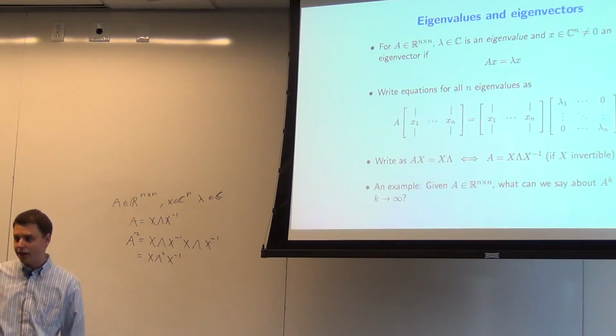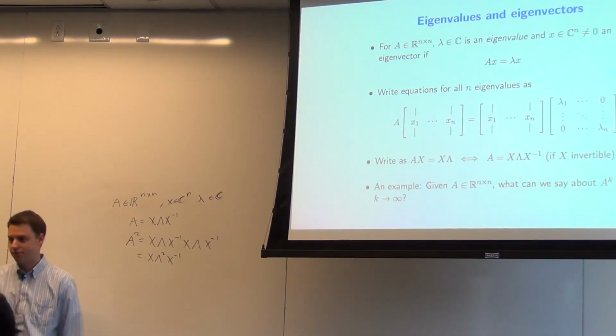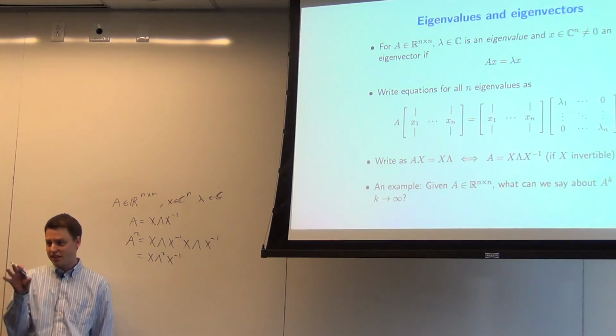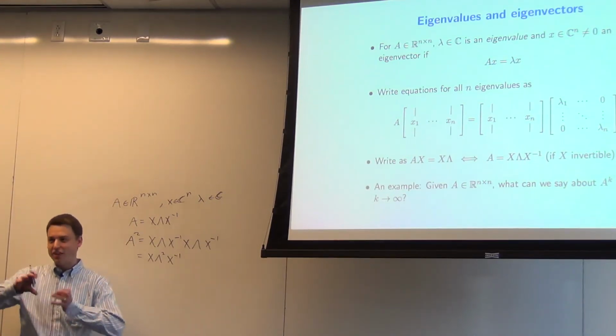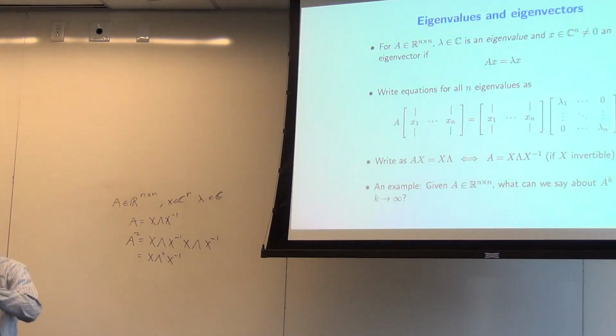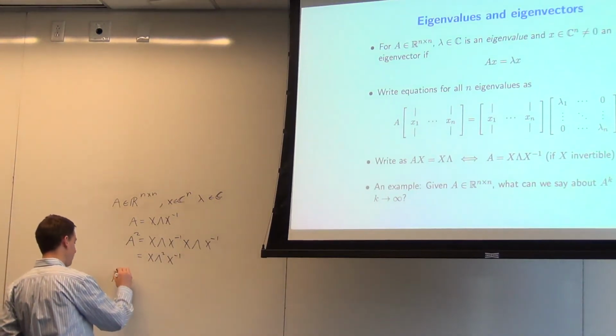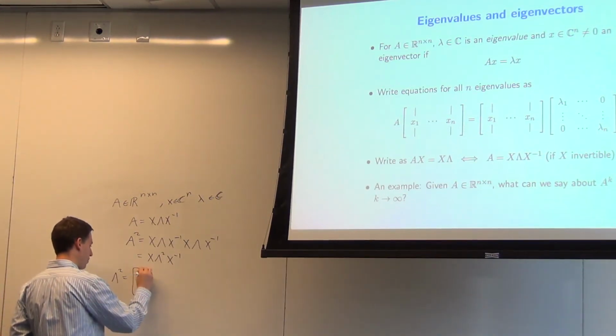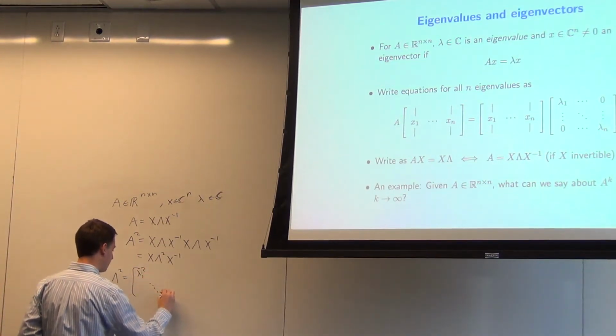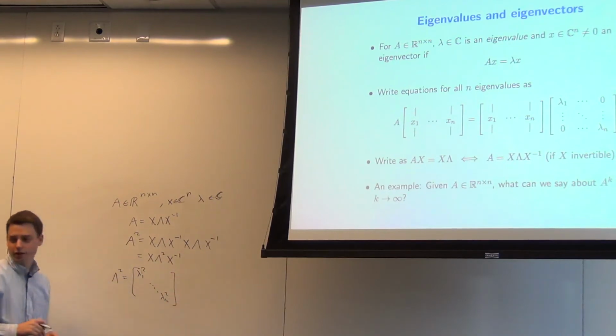Now, for a diagonal matrix, squaring it is very easy. Right? You just take the individual elements and square them, as if you were scaling each row or each column by each element there. So lambda squared is going to be equal to lambda 1 squared all the way down to lambda n squared. OK?